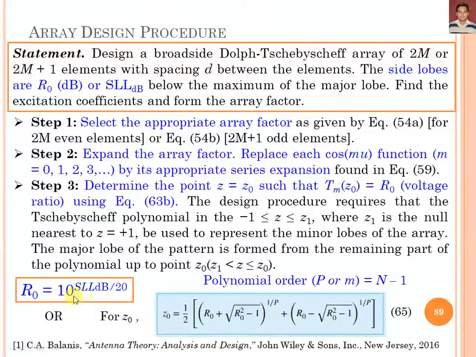The other method or way to calculate z0 is to use this expression. So the first method is Tm of z0 equal to R0, and another method is simply dependent on R0. So we can say it's the cosine hyperbolic function. This is the simple expansion.